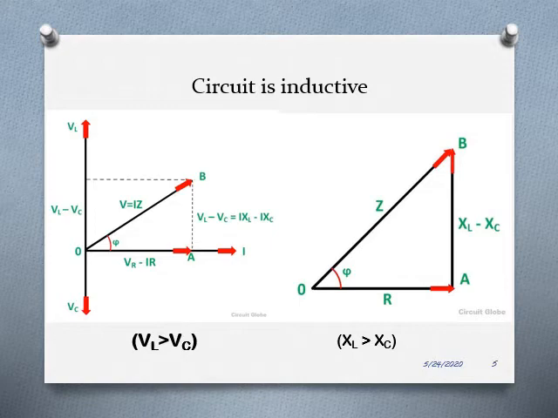And we are assuming that the VL is greater than VC. So, look at the length of VL. That is more compared to the length of VC. So, VL is greater than VC. So, what will be the net voltage difference? If VL is greater, VC is smaller, the net difference will be VL minus VC. So, that net difference VL minus VC is nothing but AB.